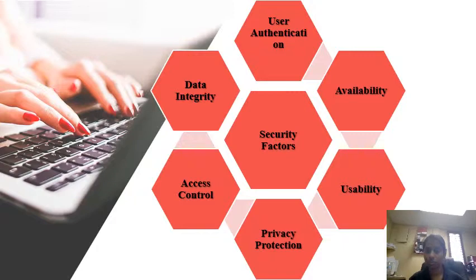Anonymity is a feature in which the identity is not revealed. Access control. Access control is the mechanism and policies that restrict access to computer resources in a process. Data integrity. It ensures that data is not changed, destroyed, or lost in an unauthorized manner.